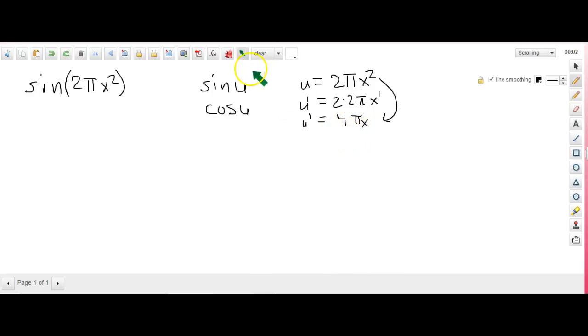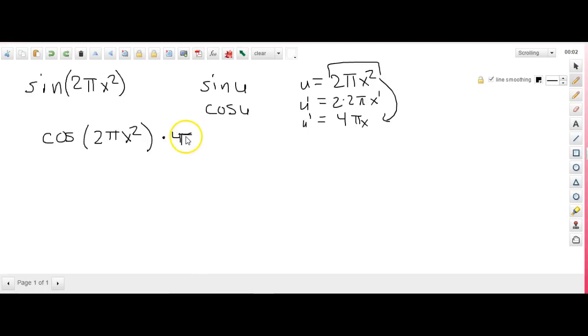So then the chain rule says you do the derivative of the outside evaluated at the inside. So cosine evaluated at this inside, 2 pi x squared, times the derivative of the inside, so times 4 pi x.